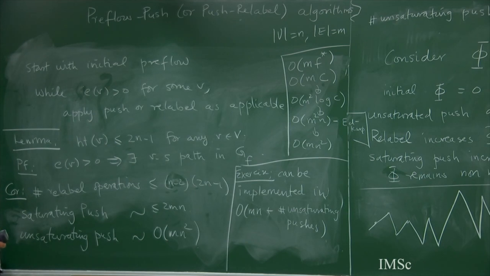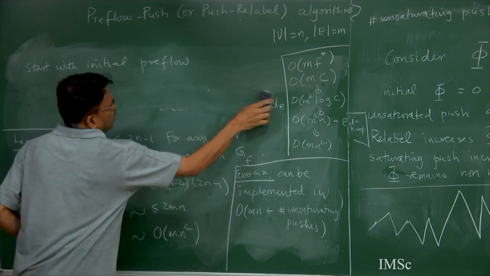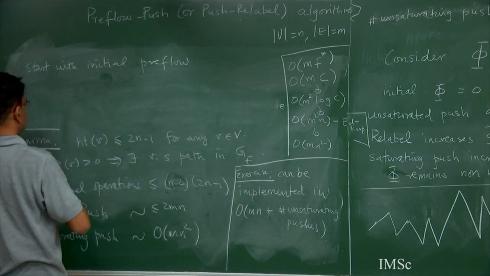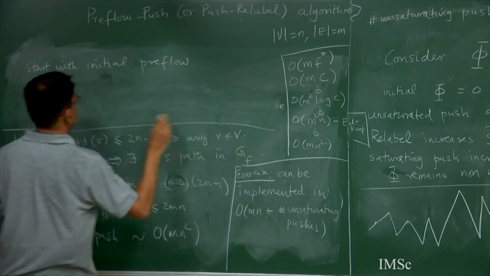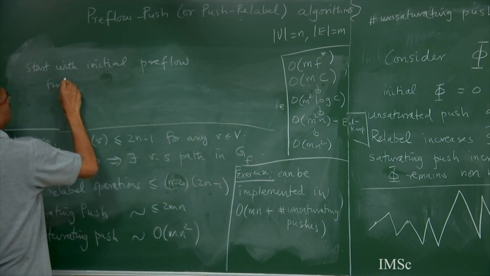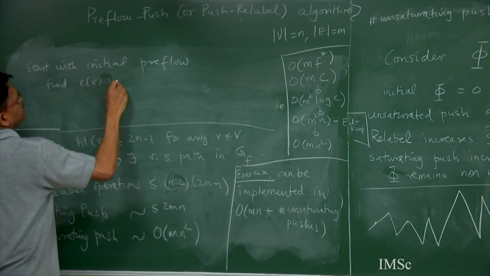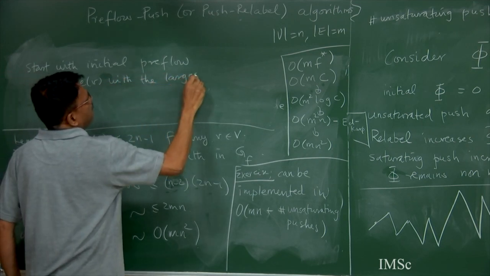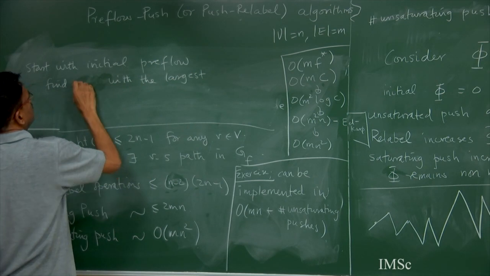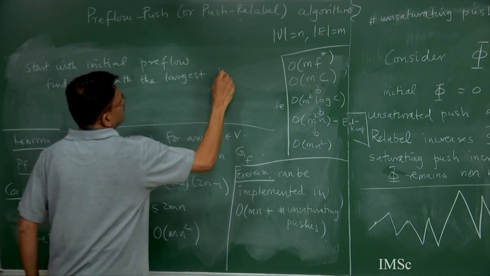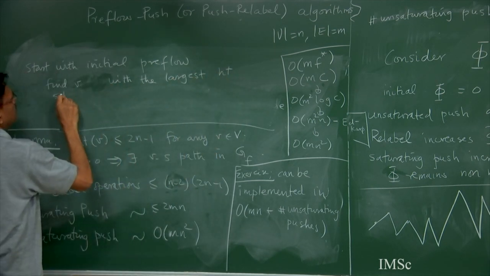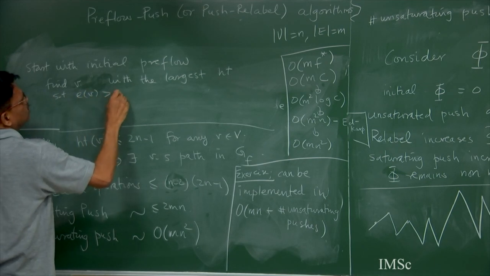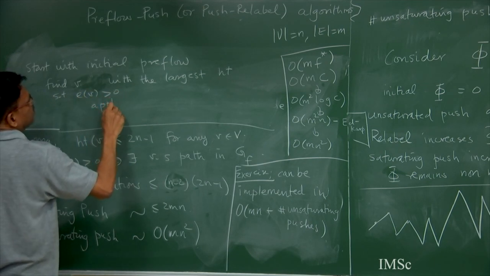Instead, if we find V with the largest height such that e(v) is greater than 0 and apply push or relabel.